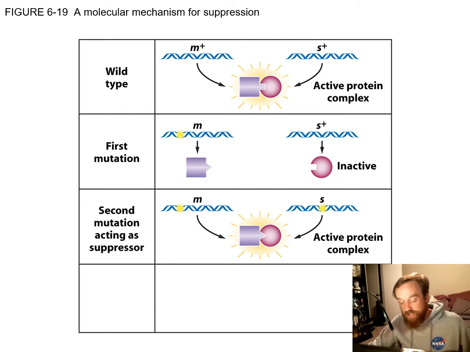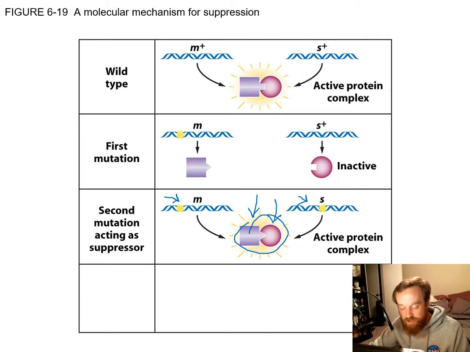However, there is a suppressing mutation that's possible. So in this case, we have a mutation to M and a mutation to the second protein, S. However, those mutations worked out where the mutation to S suppresses the mutant phenotype of M. And so it's just this happenstance where the mutation caused a change in the binding site of one protein, but also a second mutation caused that change in a second protein, and then they're still able to come into complex.